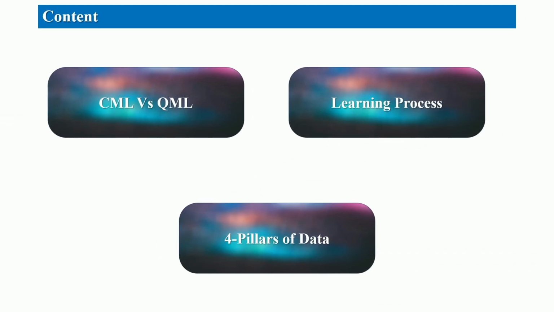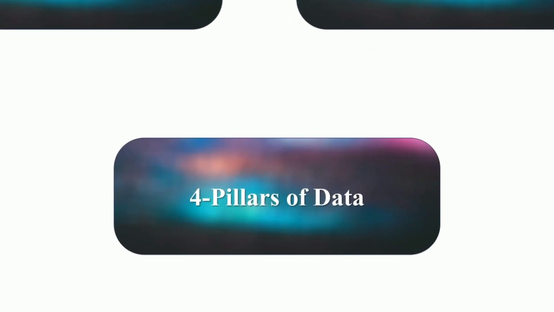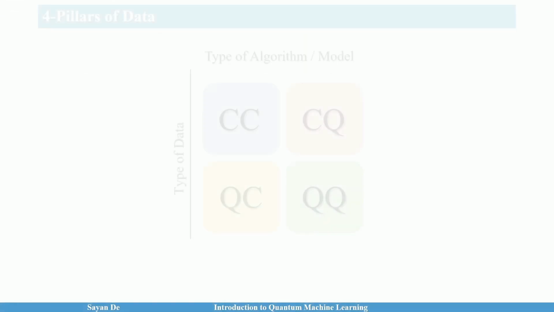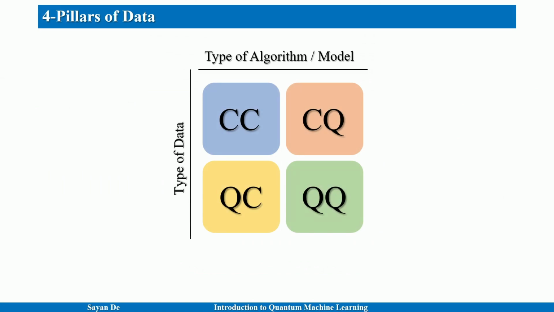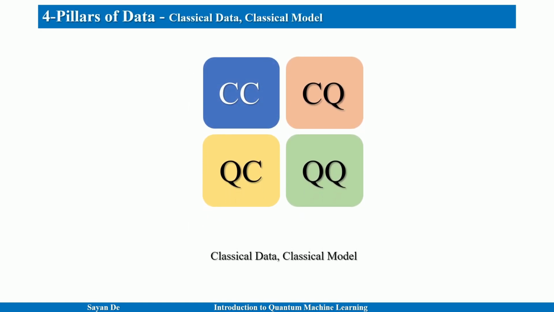Well, now let's talk about the 4 pillars of data in classical and quantum machine learning. So we have the type of data and the type of algorithm or model. Let us start with the first one, that is CC, which means classical data, classical model. These are the things that we always do with normal or classical machine learning.